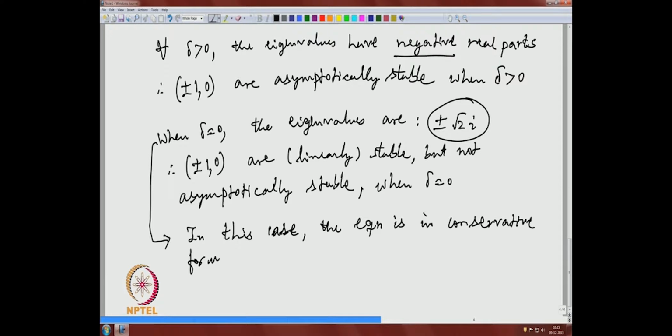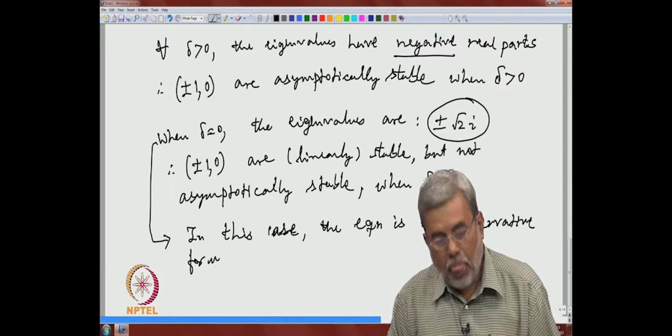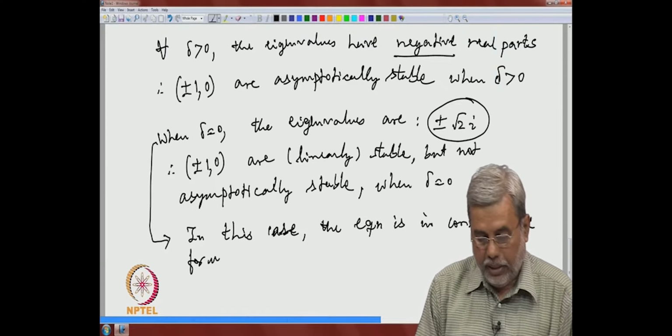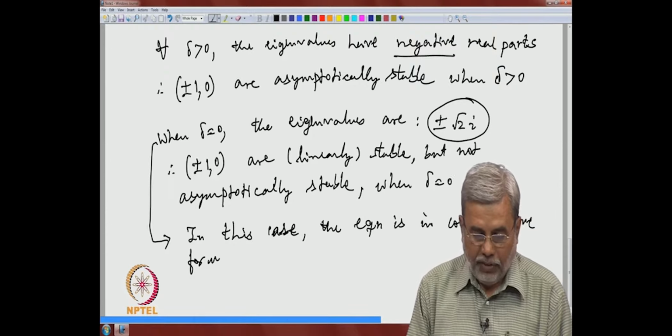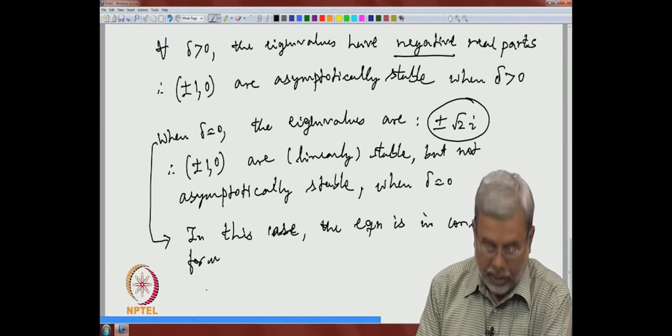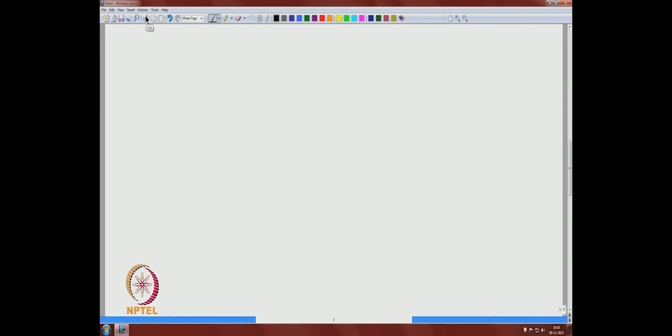So, when delta equal to 0, the equation is referred to as undamped unforced Duffing equation. Okay. Duffing equation also, if you recall, that nonlinear term x cube is referred to as cubic stiffness term, and that is used to describe the hardening spring effect observed in many mechanical systems.